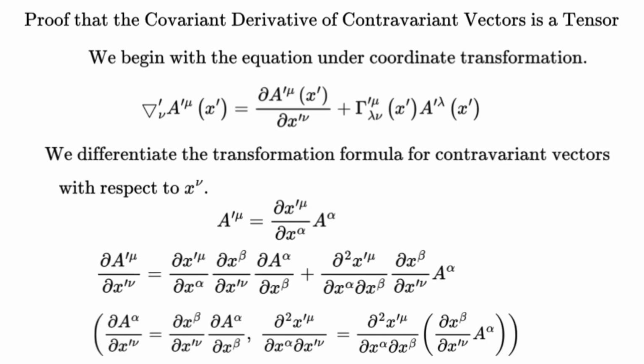Proof that the covariant derivative of contravariant vectors is a tensor. We begin with the equation under coordinate transformation. We differentiate the transformation formula for contravariant vectors with respect to x nu.